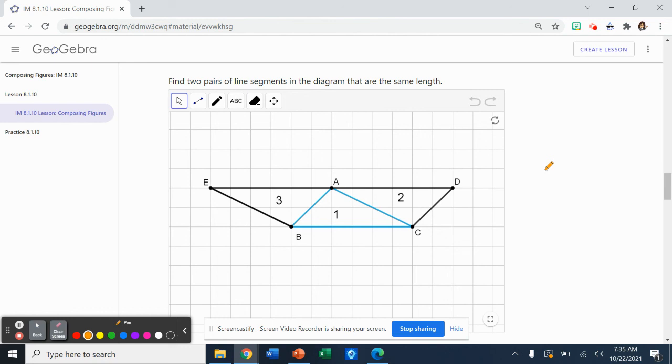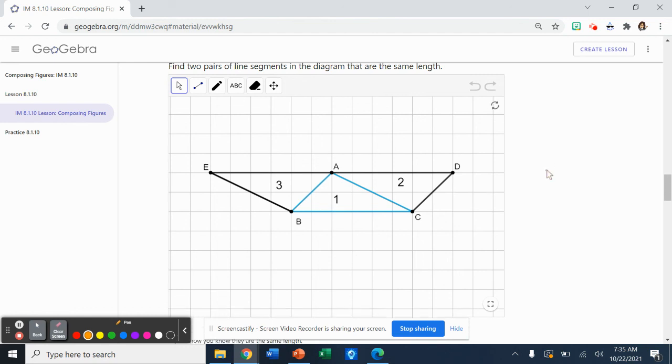I'm going to repeat that one more time. Under a rigid transformation, the side lengths stay the same and the angle measures stay the same. And so that should help you to look at these transformations and see side lengths that are identical and angle measures that are identical.